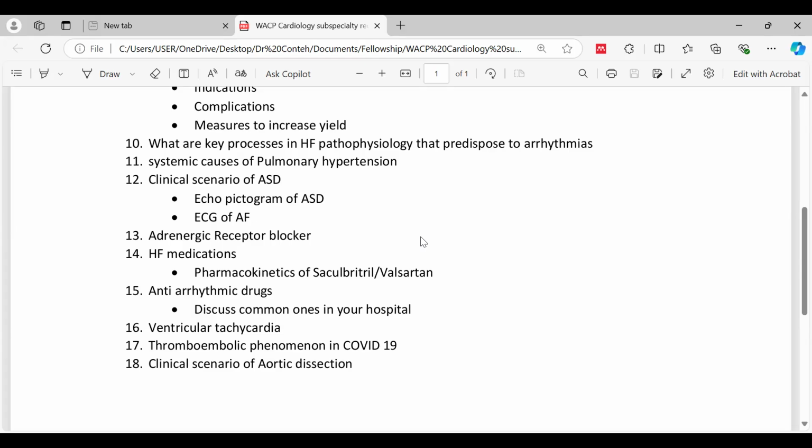Good evening. My question is number 10, and it reads, what are the key processes in heart failure pathophysiology that predispose to arrhythmia? Now, the mechanisms of cardiac arrhythmia include automaticity, triggered activity and re-entry. And heart failure is associated with structural, electrophysiological, and neurological remodeling.